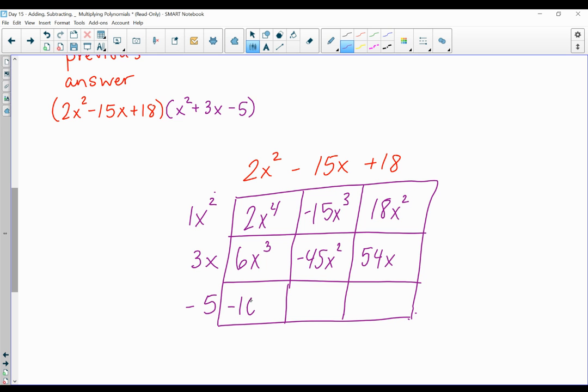Negative 10x squared. And positive 75x and negative 90. Okay.